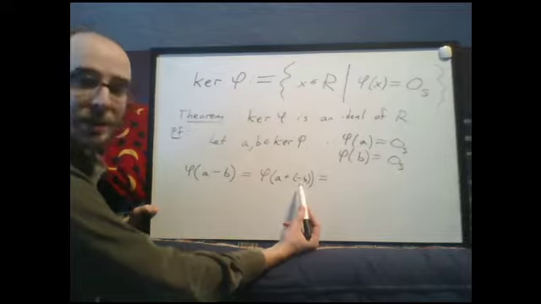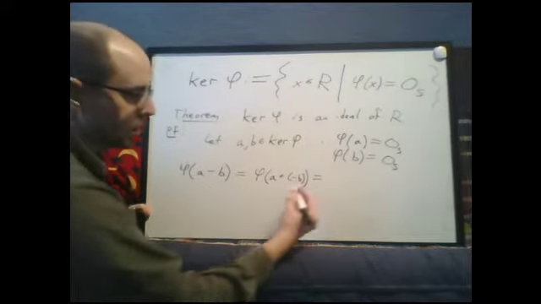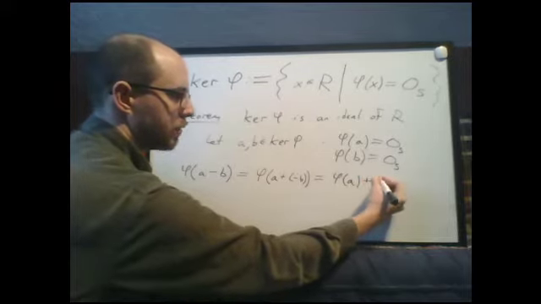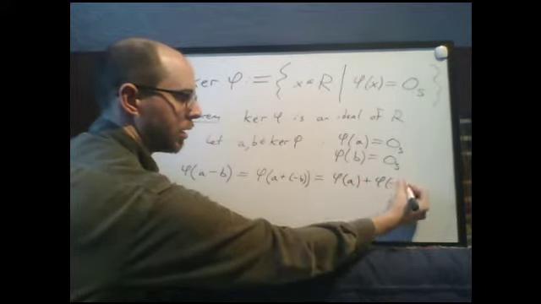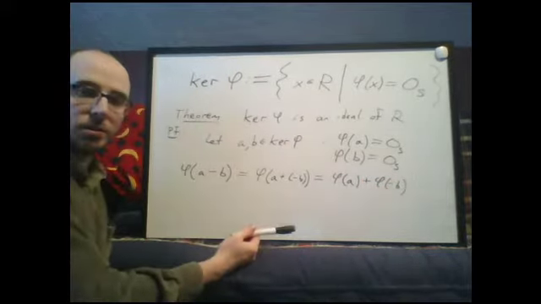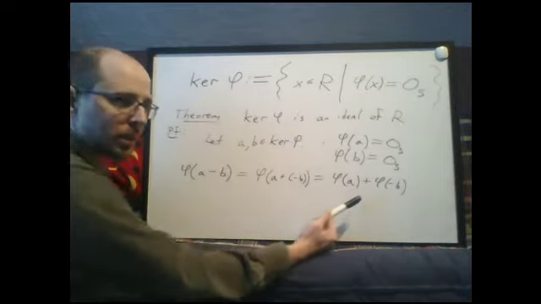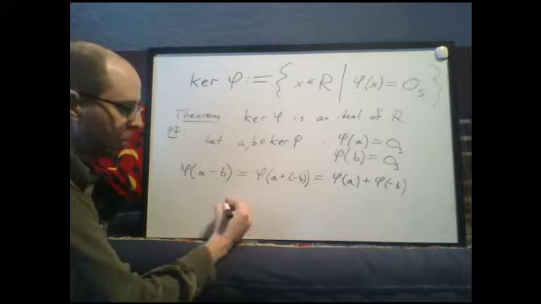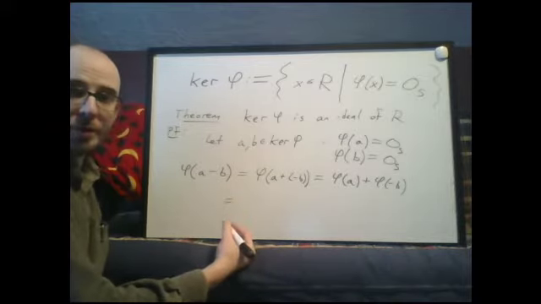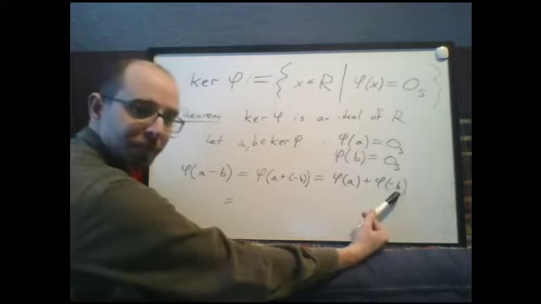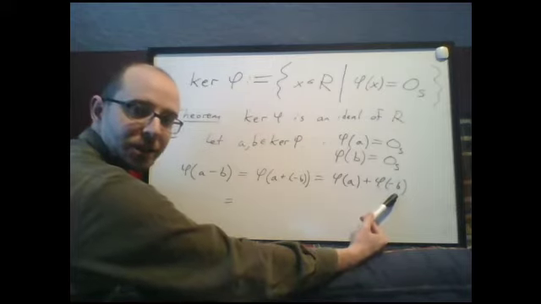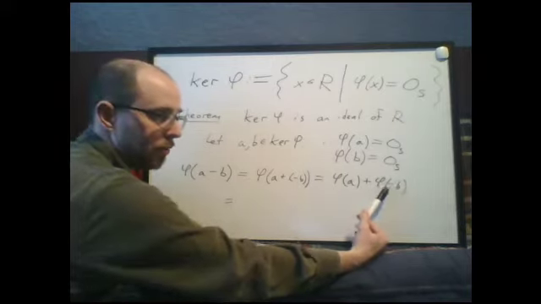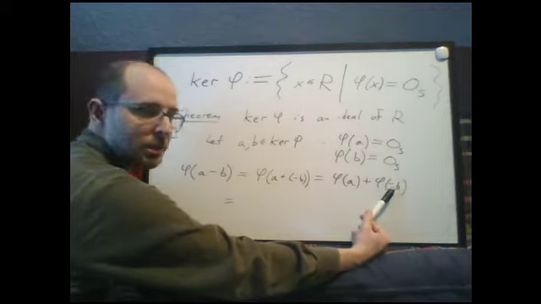Phi of A plus negative B is what A minus B means. So that's phi of A plus phi of negative B, because ring homomorphisms preserve addition. Again, it's a property from group homomorphisms that they preserve inverses. Negative B is the inverse of B under addition. So as a group homomorphism, you can transfer this minus sign out.